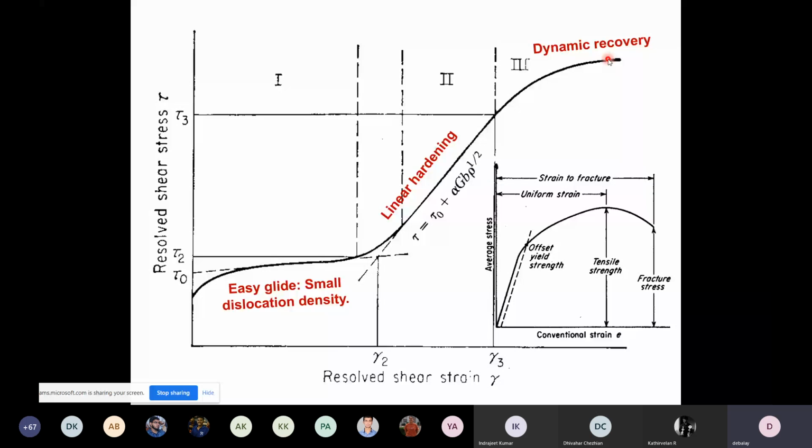If you do the testing of a single crystal, you get this kind of a shear stress, shear strain plot. But your actual tensile plot looks like this, what I am showing by my pointer, the stress strain curve. Your strain hardening typically shows a little different nature, not exactly these 3 domains.